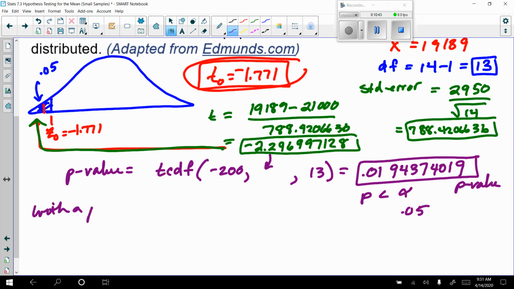With a p-value of 0.0194, we reject the null hypothesis.